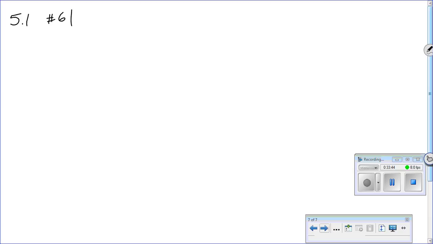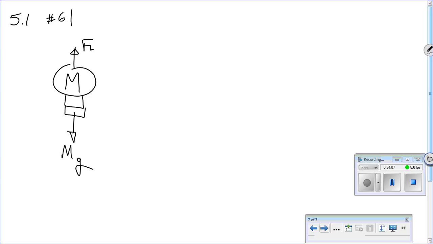So it's a hot air balloon of mass M. So here's our hot air balloon. It's got a mass of capital M. It's descending vertically with a downward acceleration of magnitude A. So there are two forces on this thing. There's gravity pulling it down, and then a mysterious lift force. We don't know how much lift force there is, right?